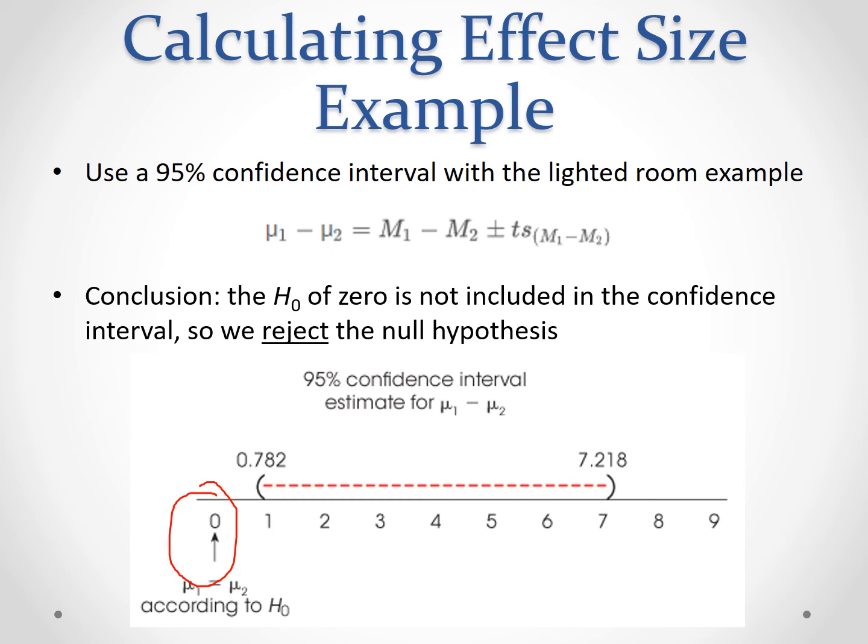And so if that was the case, I would not be able to reject the null because that's in my range of confidence. But in this case, my confidence range does not include 0, so I can reject the null hypothesis, and I can conclude that people do report different amounts of puzzles if they are in a well-lit room versus a dimly lit room.